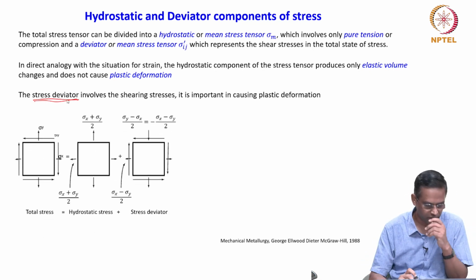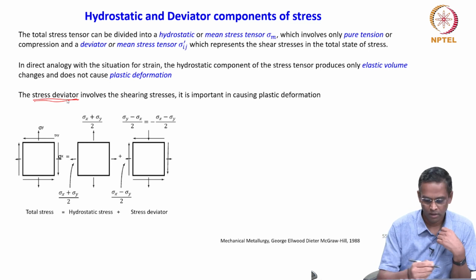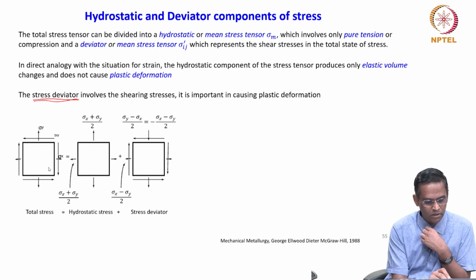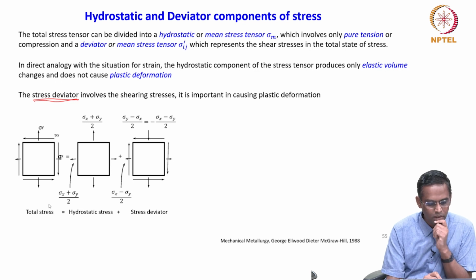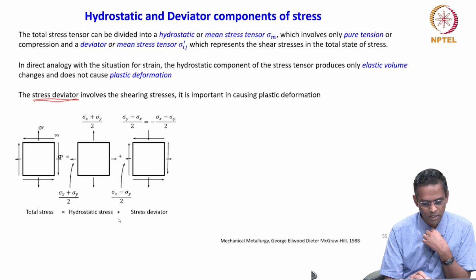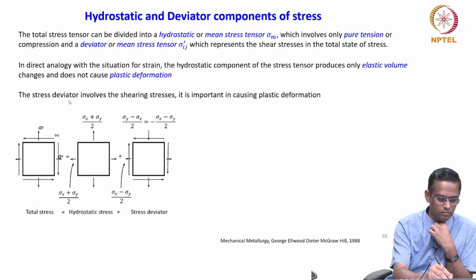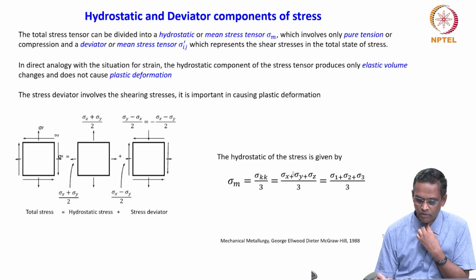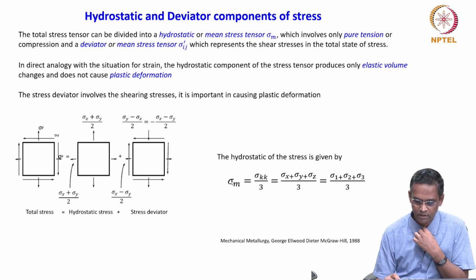Just to make it more simple, this schematic is given here. The total stress, which here is a biaxial stress with a shear stress around it, can be decomposed into a pure hydrostatic stress plus a stress deviator. The hydrostatic stress is given by sigma mean is equal to sigma kk by 3, similar to epsilon kk by 3.